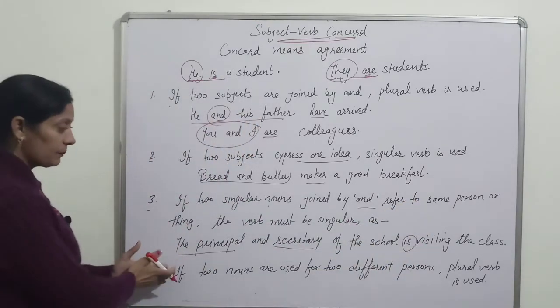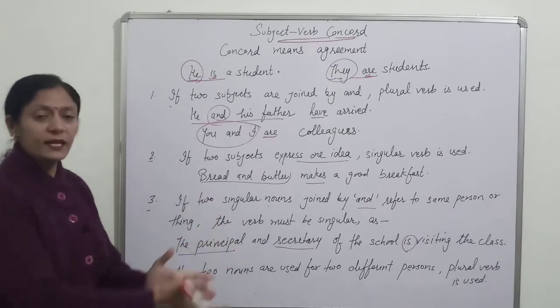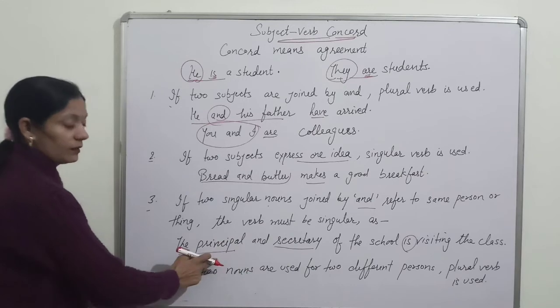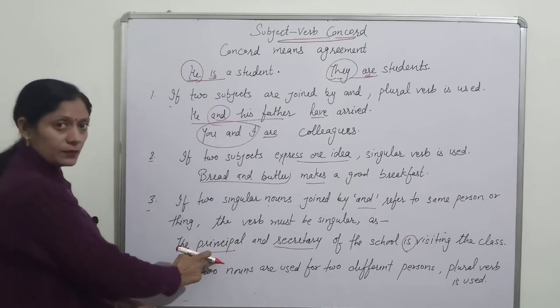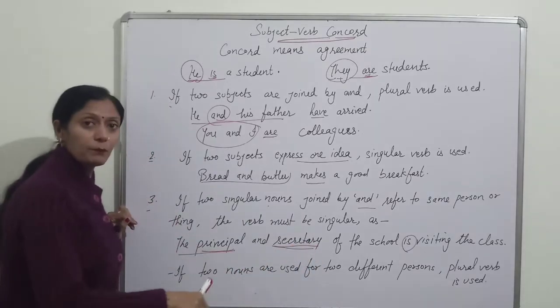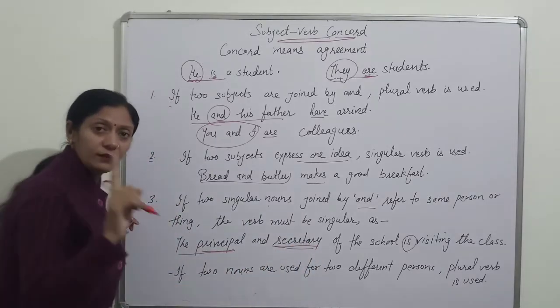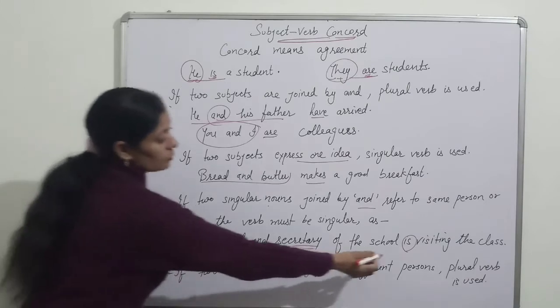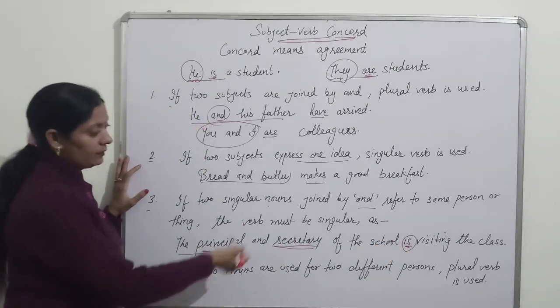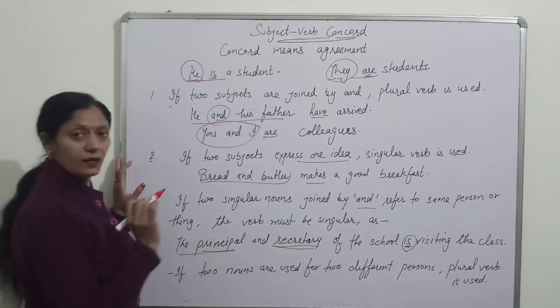It means the principal, secretary or cashier, whatever is given there, they are referring to the same person. These two subjects refer to the same person. It means we are talking about one person. So we are using here singular.